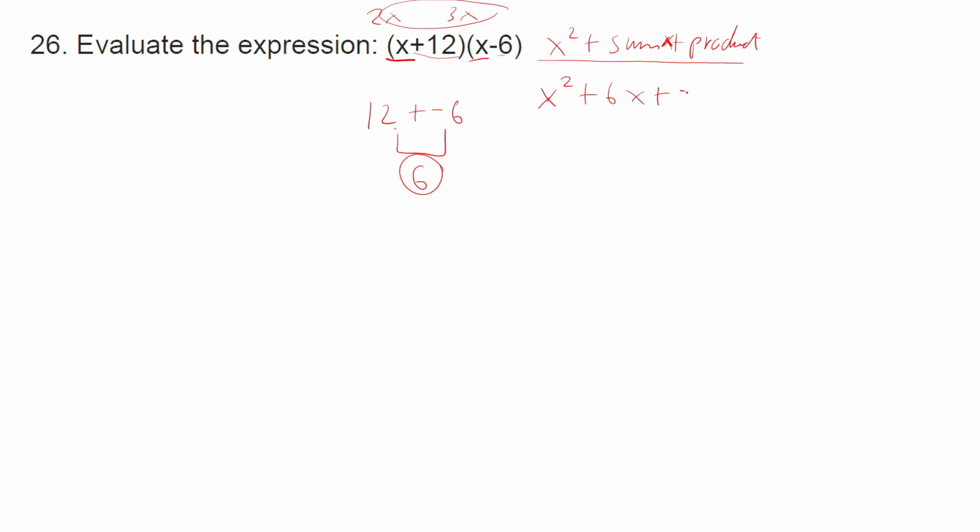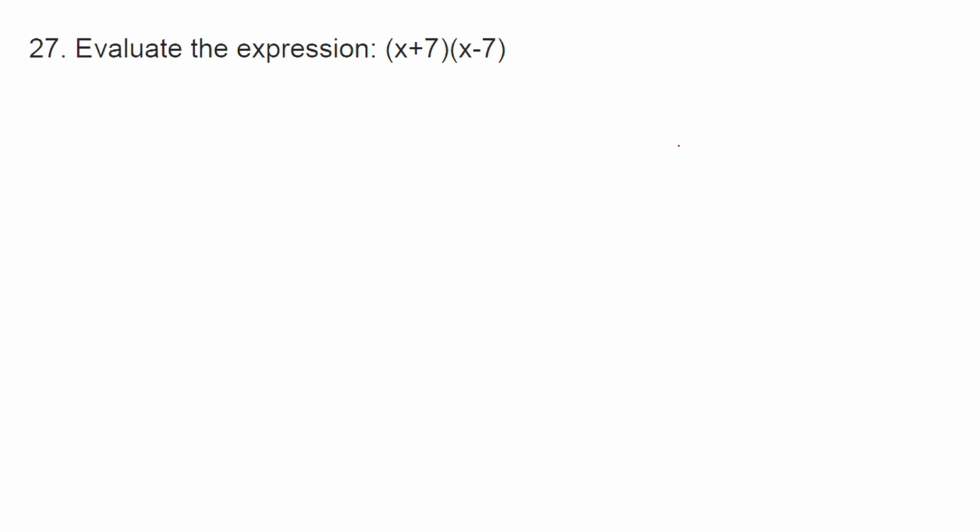That is negative 72. Please take note that it is also minus 72. I just missed this part. So x squared plus 6x minus 72, because negative 6 times 12 is negative 72. So we should not put addition here, instead subtraction. And that's actually the answer. Okay, let's proceed.